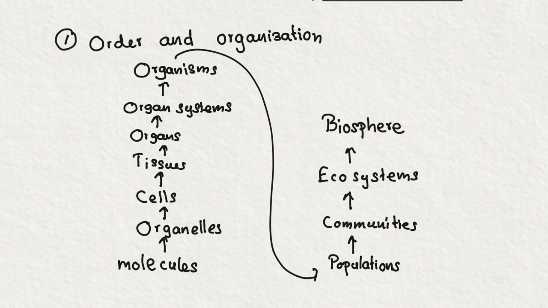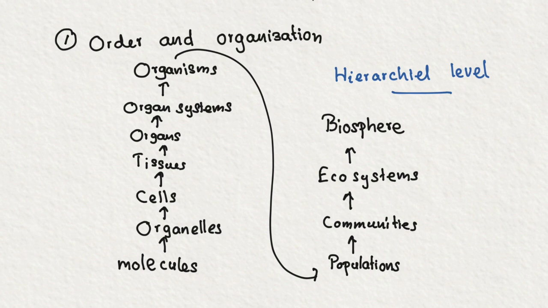So living organisms show these hierarchical levels of organization. So this methodical pattern helps the organism to perform in an efficient way. For example, plant leaf or the human eye. These are organs that are highly organized and they are highly efficient in performing their function.